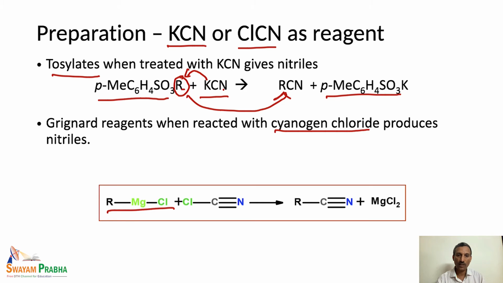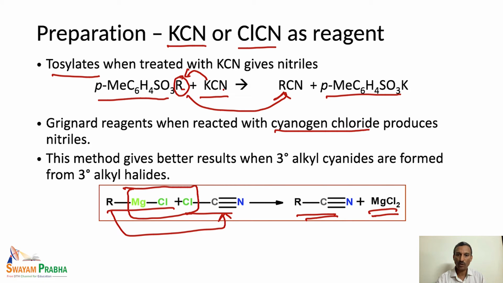RMgCl is the Grignard reagent here. So, this reacts with the cyanogen chloride as shown here. Here the Mg and Cl together are formed as MgCl2 as a side product, and R and CN combine together to give R-CN. So, this is a simple reaction of preparing nitriles, and this reaction is actually useful for preparing tertiary alkyl cyanide.